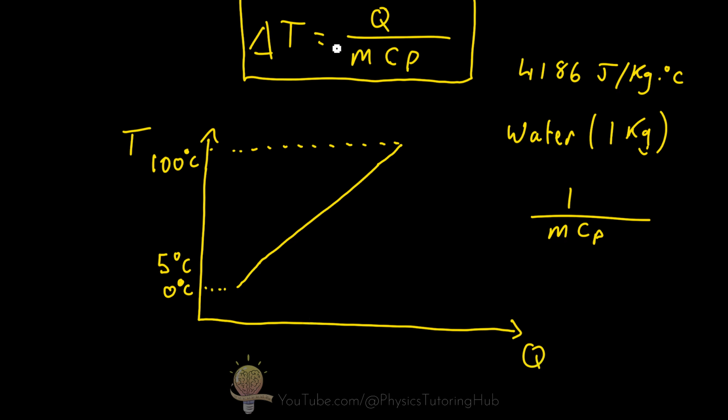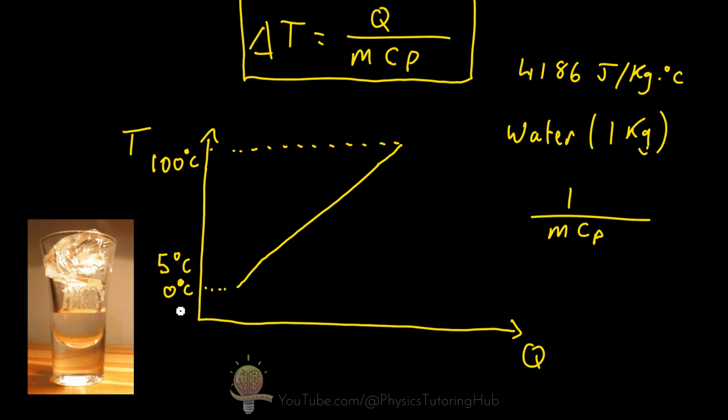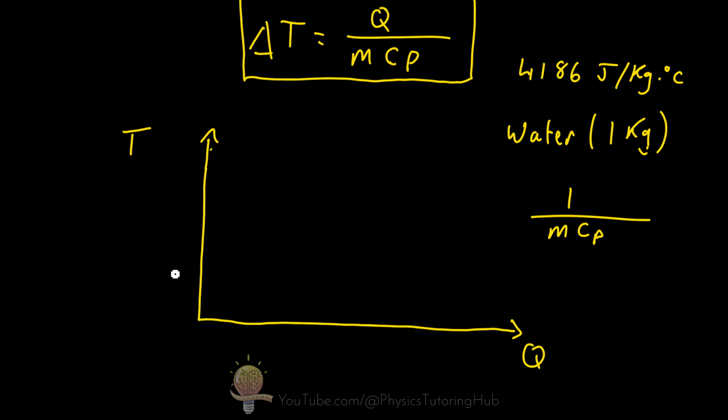So what happens to the temperature during a phase change? For example, with our water, when we're transferring heat to ice as it's melting into liquid water, even though heat energy is being absorbed by the melting ice at 0 degrees Celsius, the temperature of the ice remains constant. So our gradient here is 0.